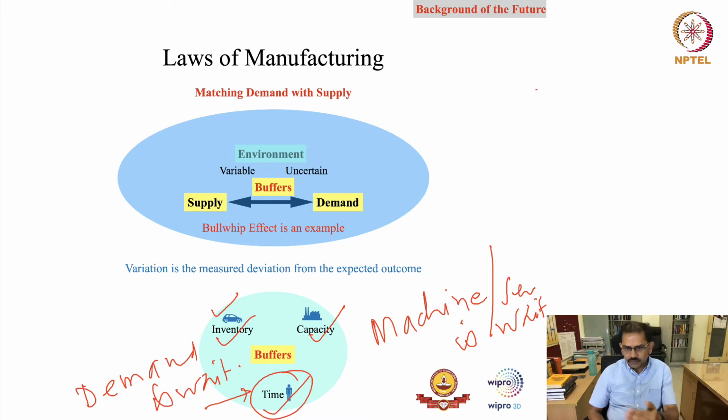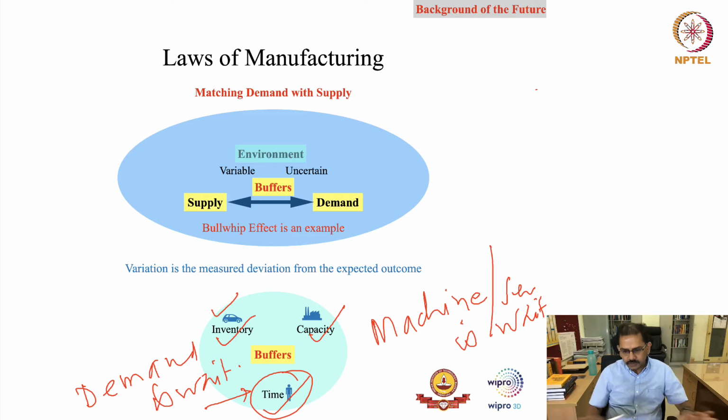But in the example which I gave, the airport example, the inventory issue will not come. So either the customer will wait or the capacity will wait, right? But these are examples of buffers to match the supply and demand in an environment which is variable and uncertain, right?